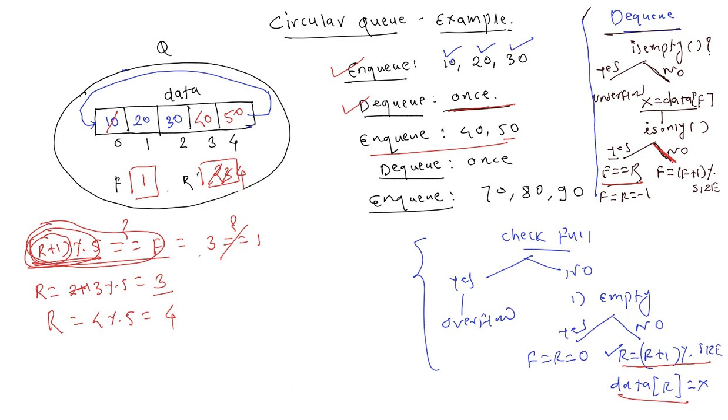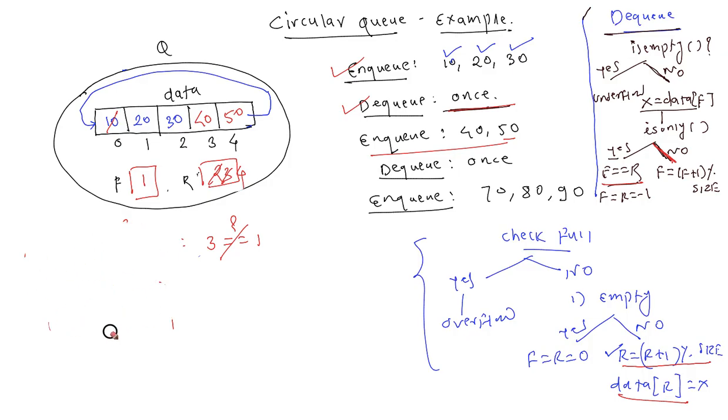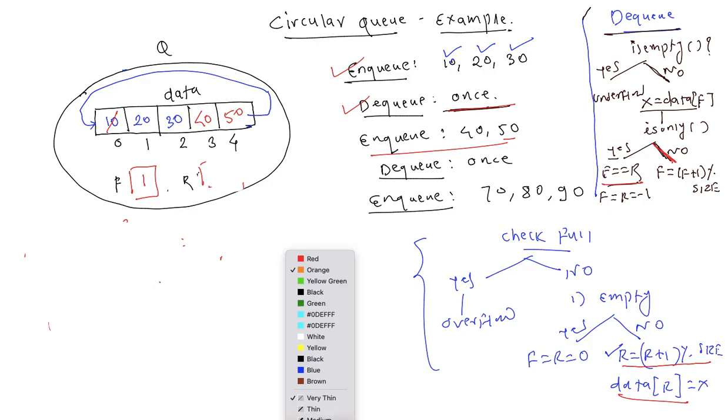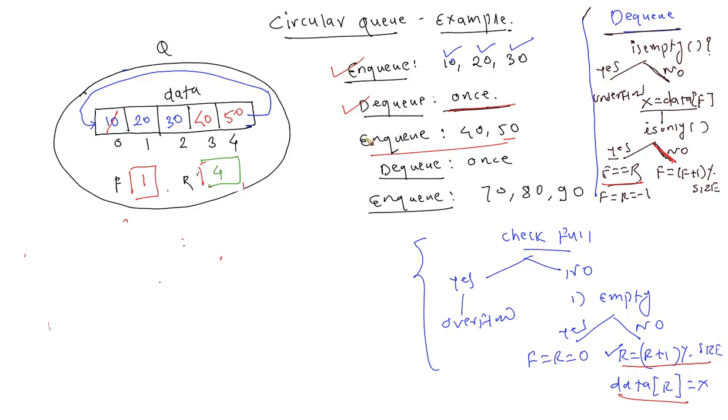Again, let me have some space. So let me use, let's say, now R is 4. So this operation is over. Let's perform DQ one more time.